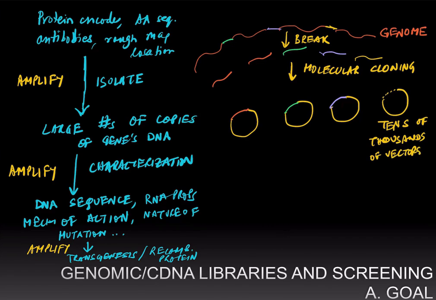or plasmids. And these tens of thousands of vectors are not in separate tubes. They are all together in one tube, in one solution. You have tens of thousands of vectors, and that's why this is called a library.